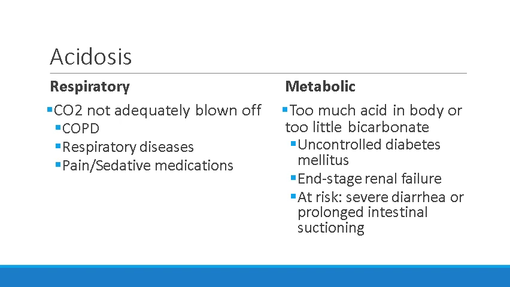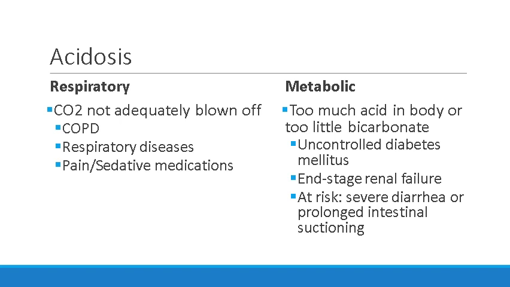In respiratory acidosis, if individuals are in that acidotic state, CO2 is not adequately blown off. Therefore, it gets retained. It's common for patients to develop this if they have an underlying condition of COPD, if they're in any sort of respiratory distress, or if they have pain or sedative medications on board.